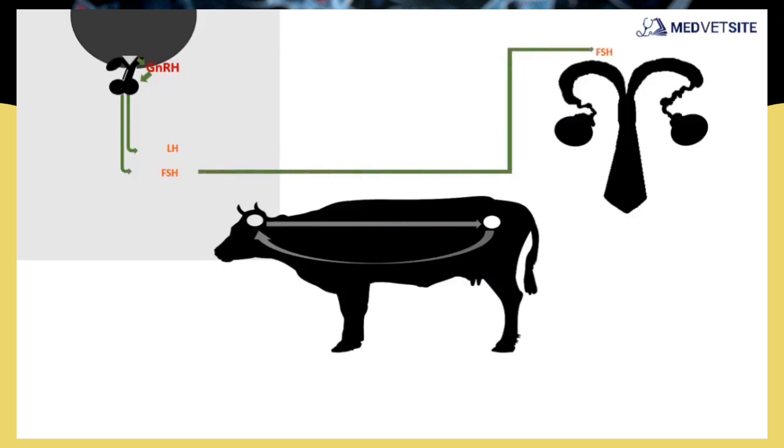The FSH, or follicle stimulating hormone, stimulates the growth and maturation of follicles that are in the ovary. The LH, or luteinizing hormone, is responsible for both the last stage of maturity of the follicle that has become dominant and its ovulation.